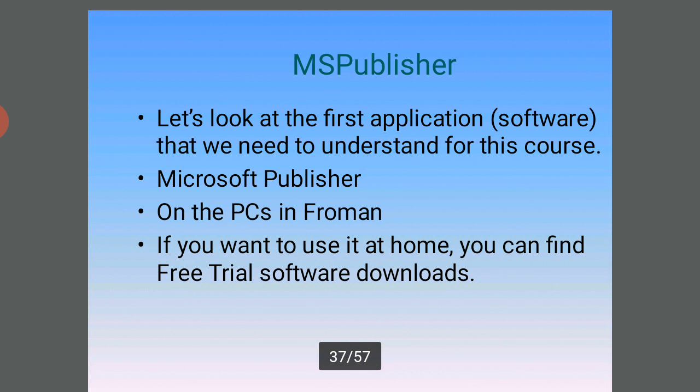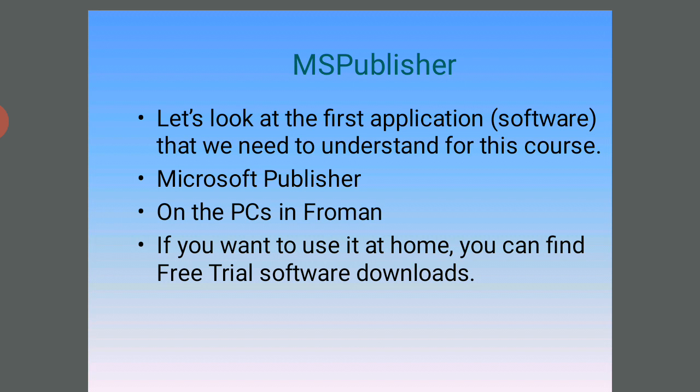MS Publisher. Let's look at the first application software that we need to understand for this course. Microsoft Publisher on PCs, personal computers, is the foreman. If you want to use it at home, you can find free trial software downloads.